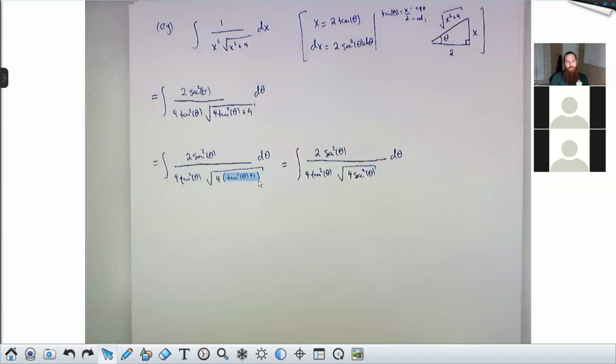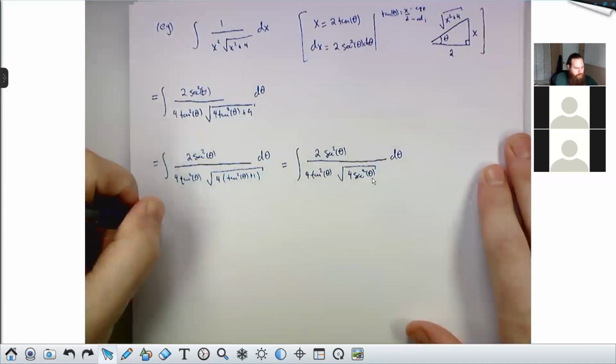So this tan squared plus 1 is secant squared. I had to factor the 4 inside the square root before I could see that, right? I had 4 tan squared theta plus 4. So I factor that 4, I'm still leaving everything under the square root, and that gives me the tan squared plus 1, which is secant squared. Now I can take the square root of 4 secant squared theta, and I get 2 secant theta.